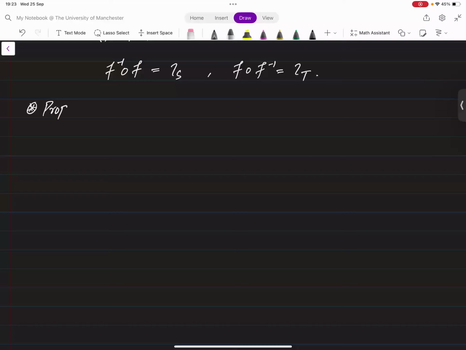So we give proposition 19.2, in which we say that there are three sets and there are two functions.